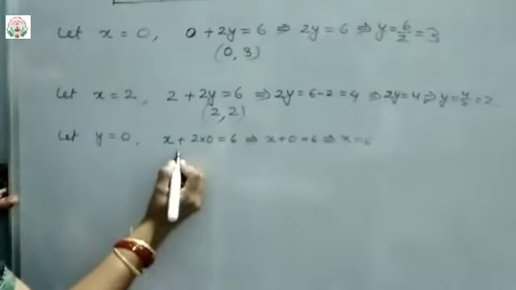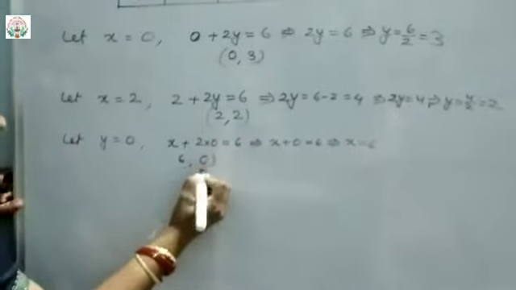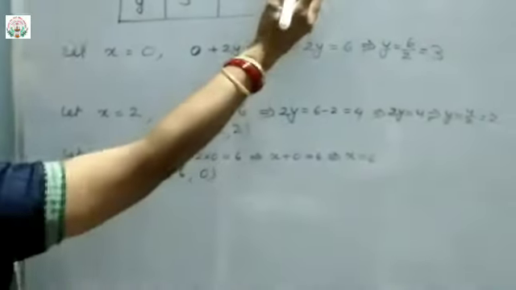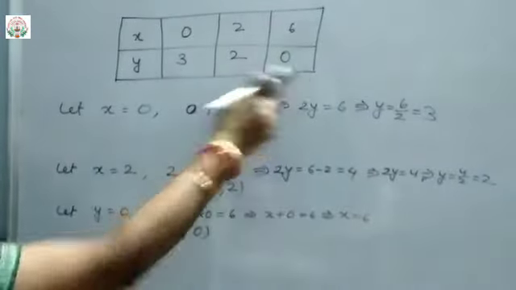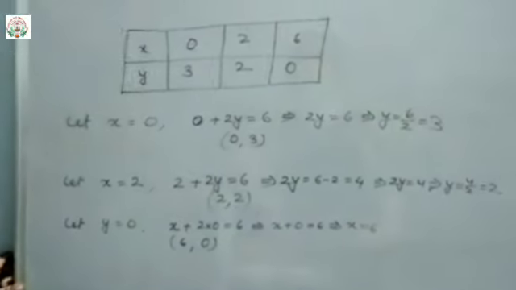That means when my x is 6, y is 0. So the next point will be x is 6, y is 0. Now 3 points I got.